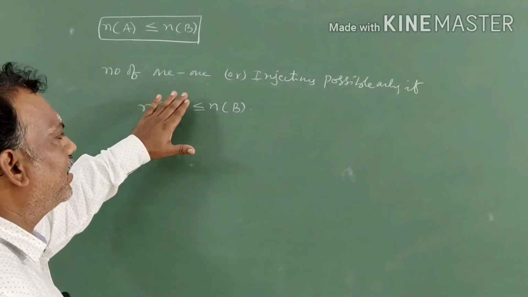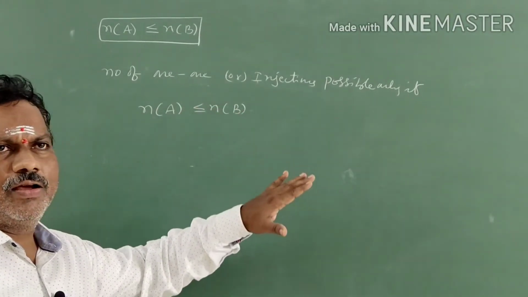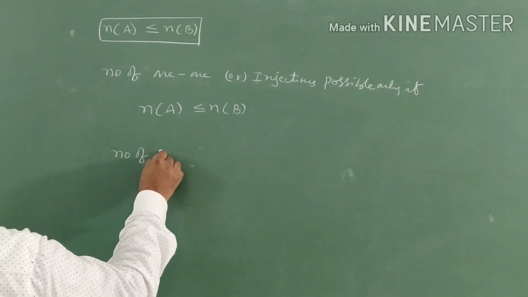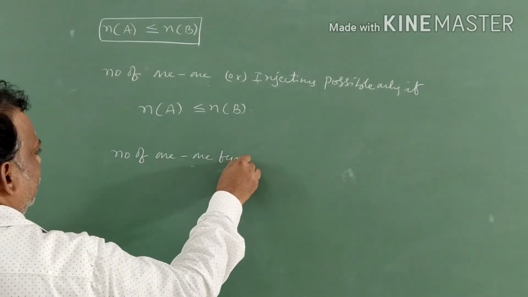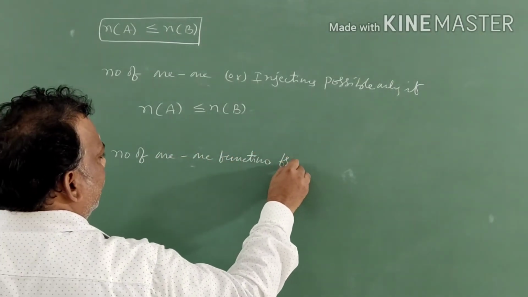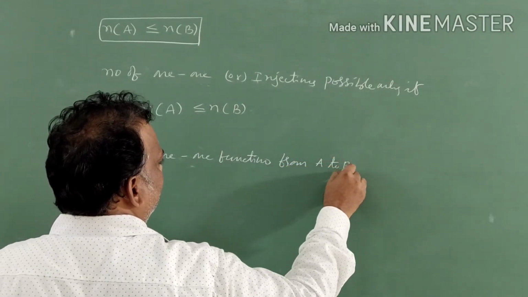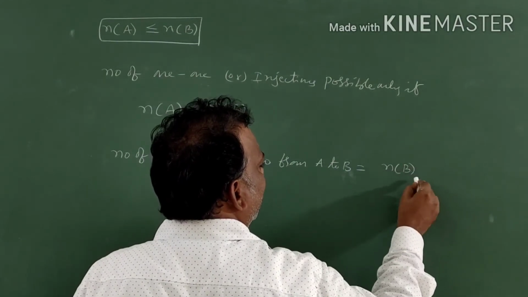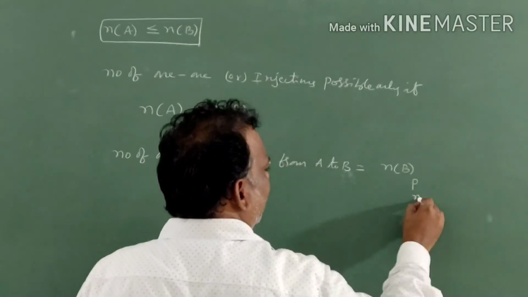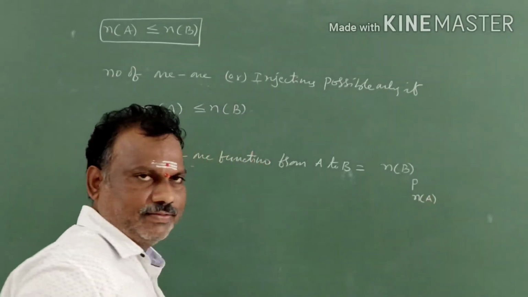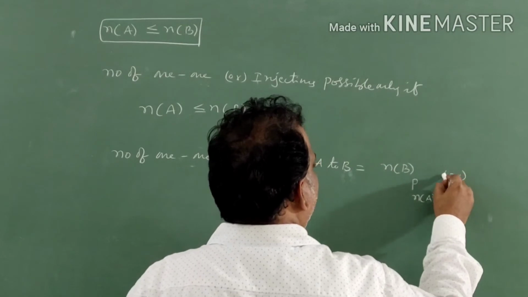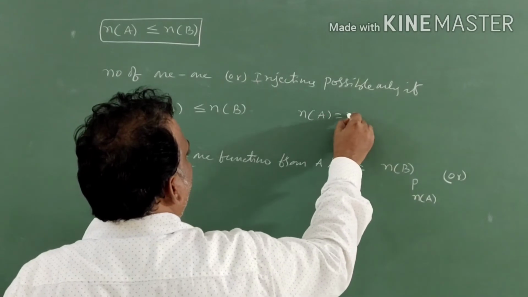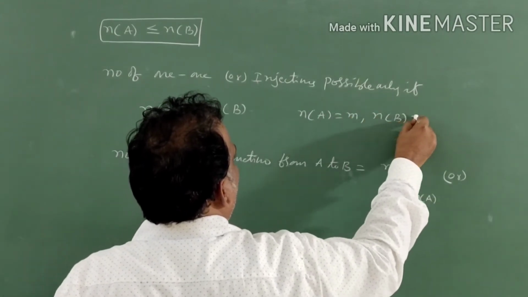Yes, if n of A is smaller than or equal to n of B, what is the number of one-one functions? That I will discuss here. The number of one-one functions from set A to set B is the number of elements in B set, permutations, number of elements in A set. Already we have taken n of B; you can consider n of A is equal to m elements, n of B is equal to n elements.